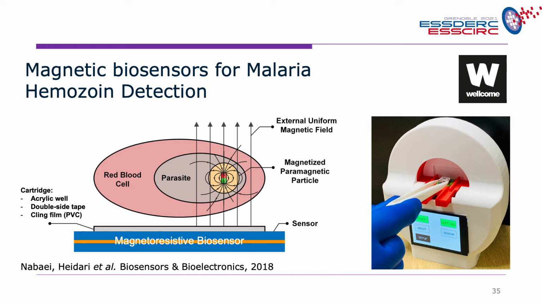Using very highly sensitive sensors, such as magnetoresistive sensors, in our case the TMR, we could detect the very small paramagnetic particles inside the parasites.